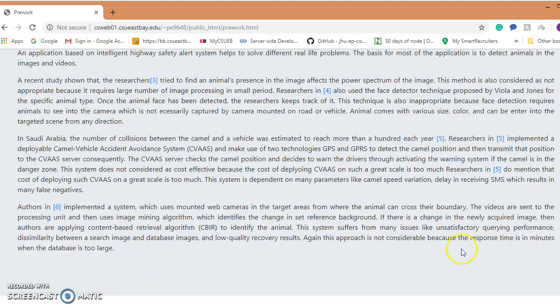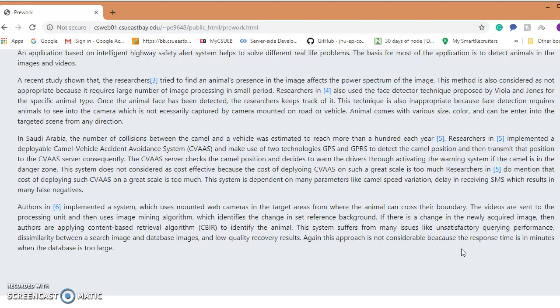Another group of researchers tried to develop a similar system in which they used mounted web cameras in target areas from where animals can cross their boundary. These videos are sent to a processing unit, which uses an image mining algorithm to identify changes in a set of reference backgrounds. If there is any change in the newly acquired image, the authors apply a content-based retrieval algorithm to identify the animal.